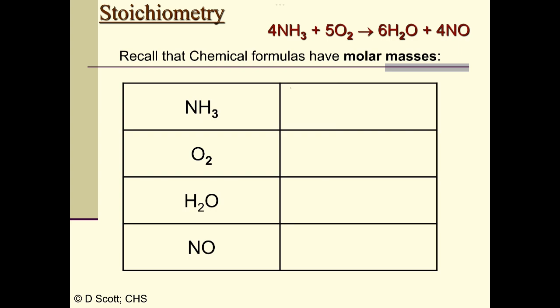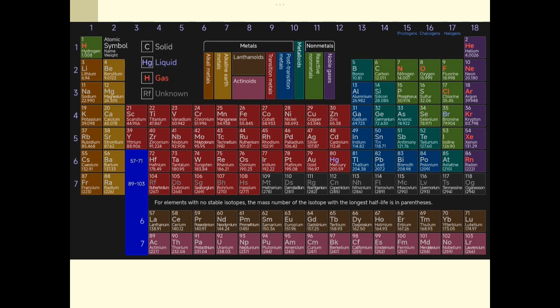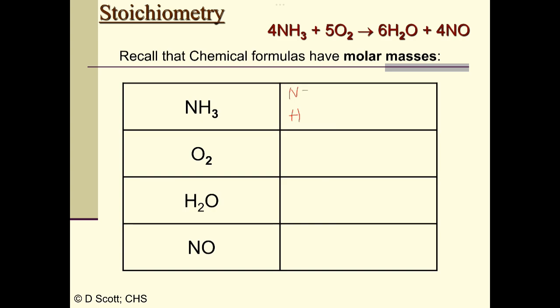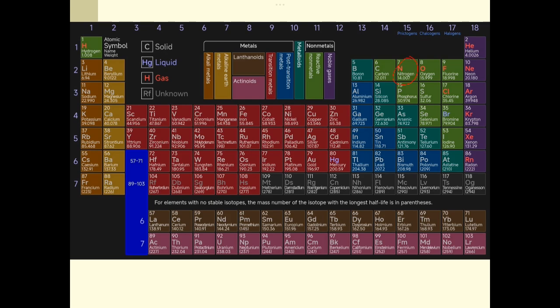Since we have here nitrogen and hydrogen, first let us get the atomic mass unit of nitrogen. Nitrogen here is 14. So we write here 14, and then we multiply it by 1. Why? Because again, nitrogen has a subscript of 1 here. Next, we get the molar mass of hydrogen, which is 1.